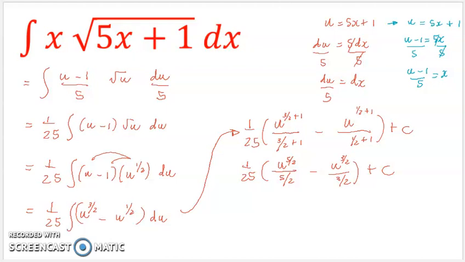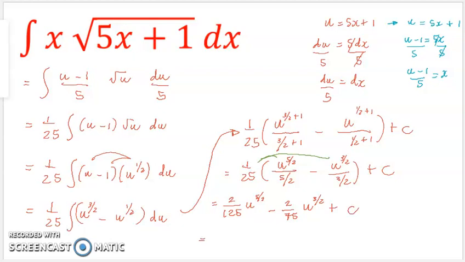And then we can distribute the 1 over 25. And we will have 2 over 125 u raised to 5 halves minus 2 over 75 u raised to 3 halves plus c.